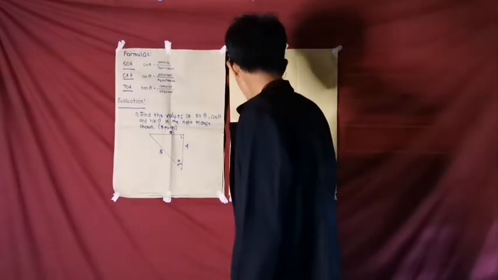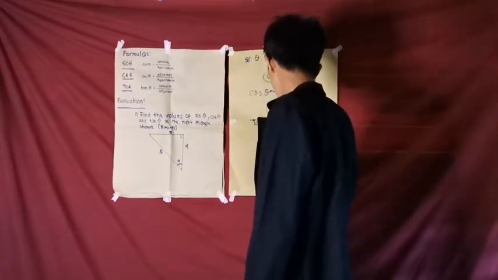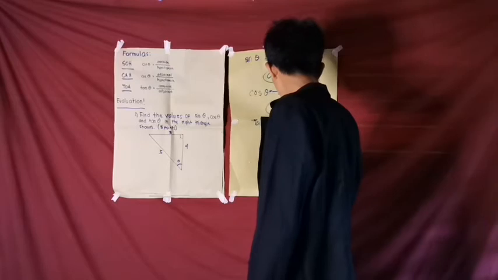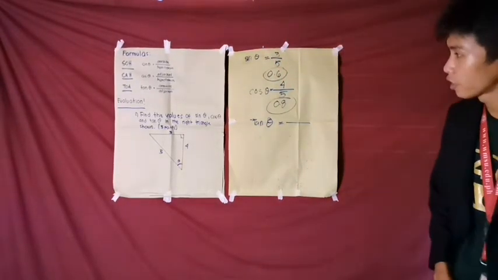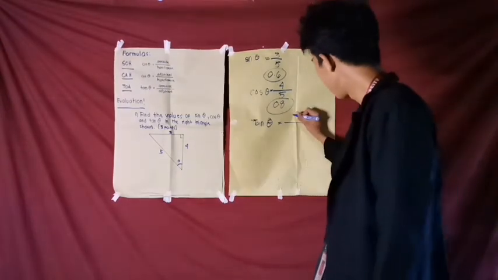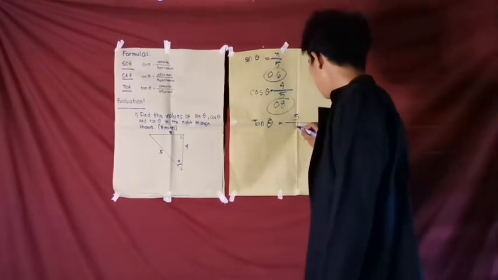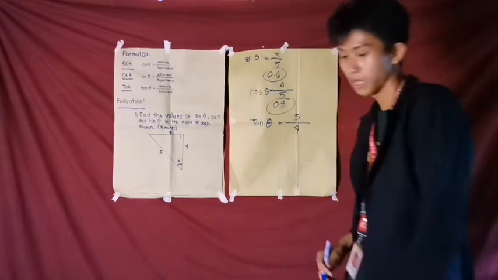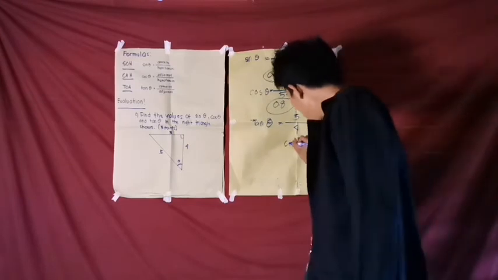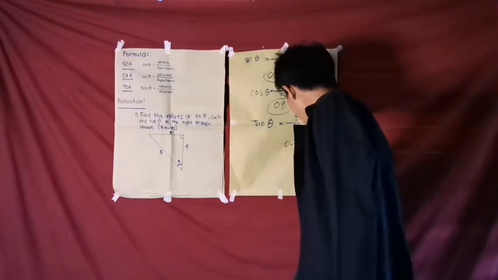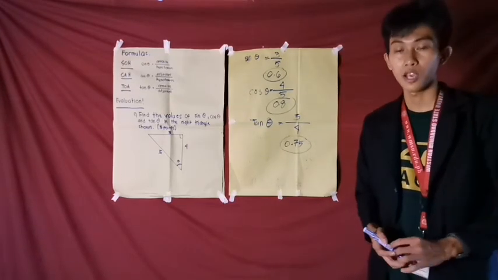Now the tan: the opposite and the adjacent. The opposite is 3, while the adjacent is 4. So, divide. The answer is 0.75. 5 points each. Okay, thank you.